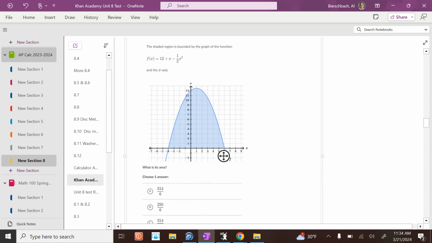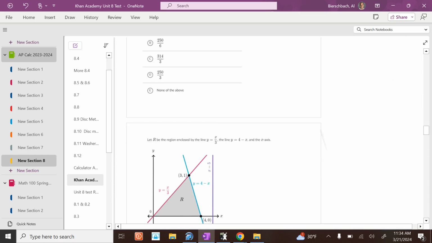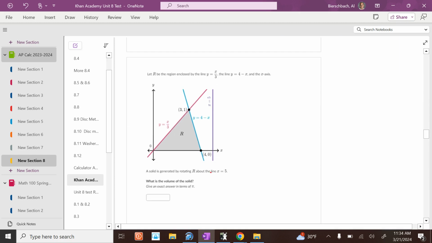The region bounded by this is just simply the integral from negative 4 to 6 of 12 plus x minus 1/2 x squared. You do it on your calculator, you get an answer. Easy peasy. Okay, this, you're rotating around the line x equals 5. Thus, it's a washer method around a different line. So it's pi. It's around a vertical line, so you have to go from bottom to top.